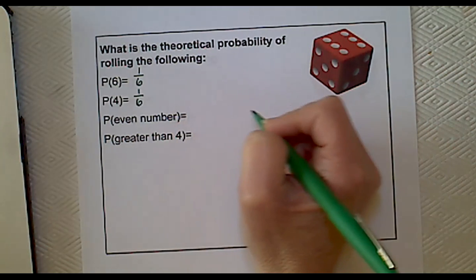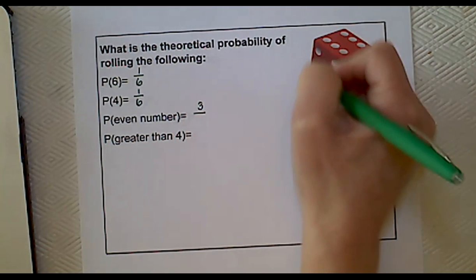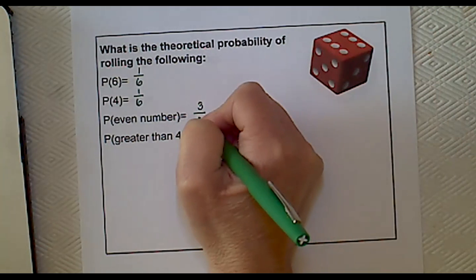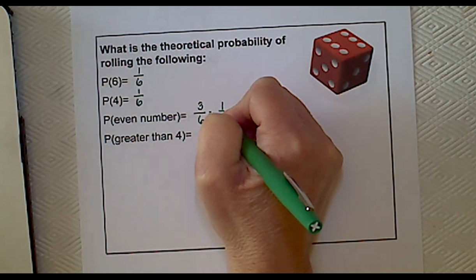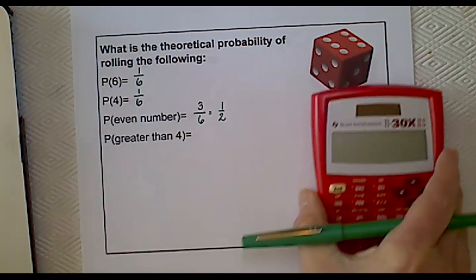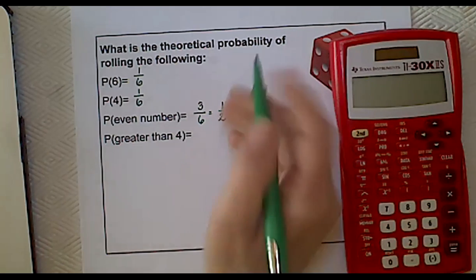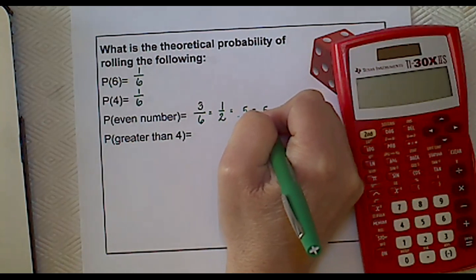So 2, 4, and 6, that's 3 even numbers. We have 6 sides to our cube, so that's 3 out of 6, and we can reduce that down to 1/2. Now remember, we can always convert these into decimals and into percents also. Our 1/2 we know is 0.5 and 50%.